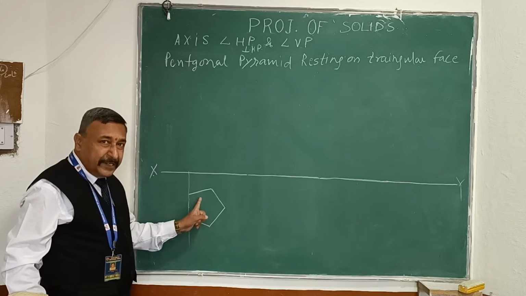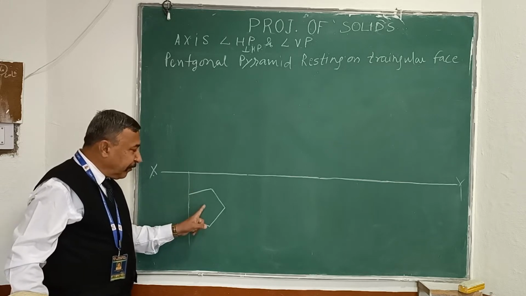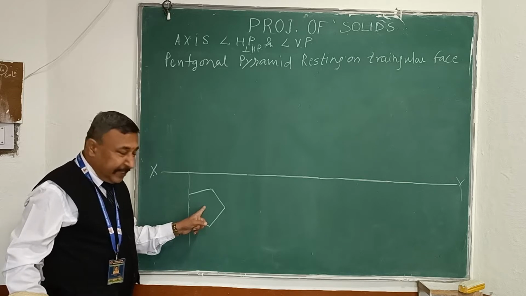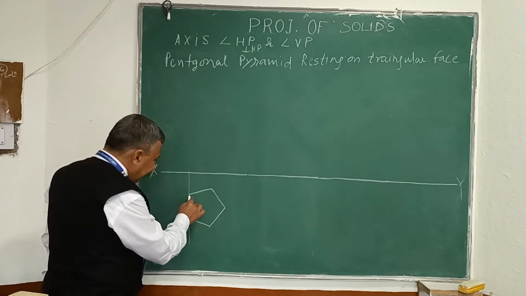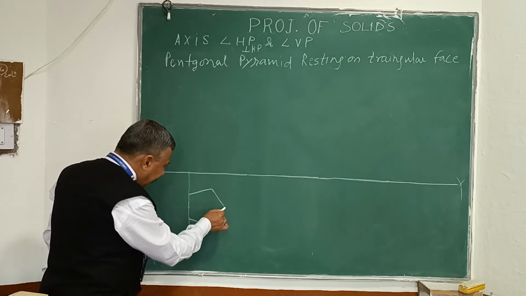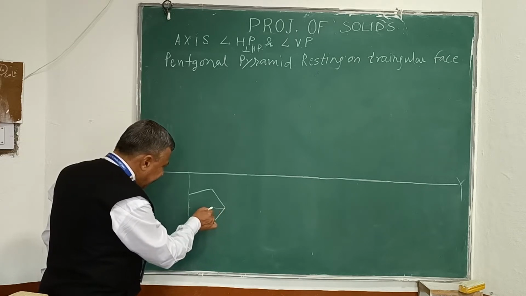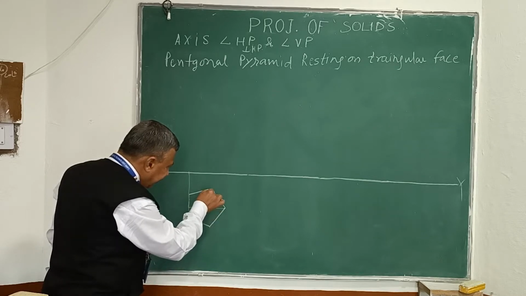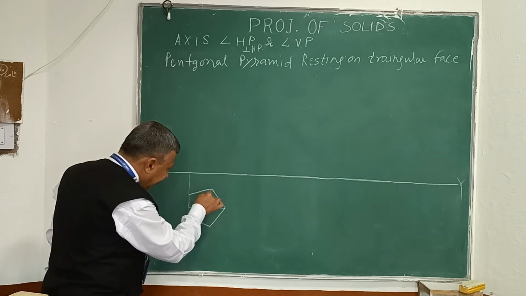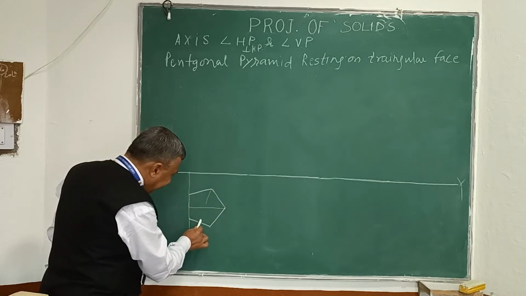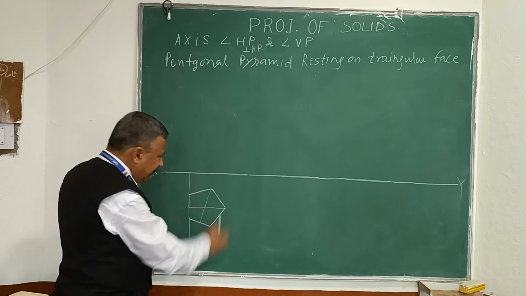But this is a pyramid, so we have to find the center, that is the apex of the pyramid. Either bisect this line or draw a perpendicular from this point, and either draw a perpendicular from this point on the opposite side or draw the bisector of this line.